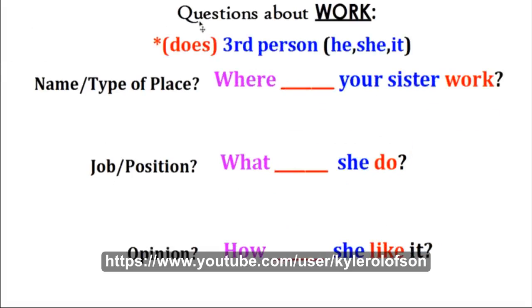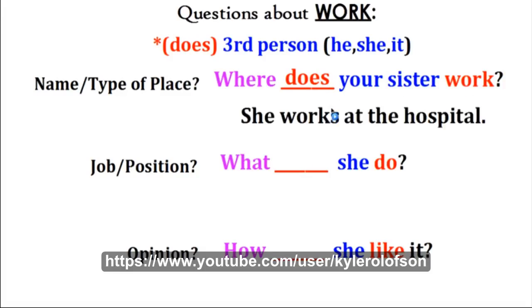Remember, for questions in the third person, with he, she, and it, we use does for the auxiliary. So again, the name or type of place. For your sister, we say, where does your sister work? Does, because your sister is a girl, a she. She works at the hospital, right?